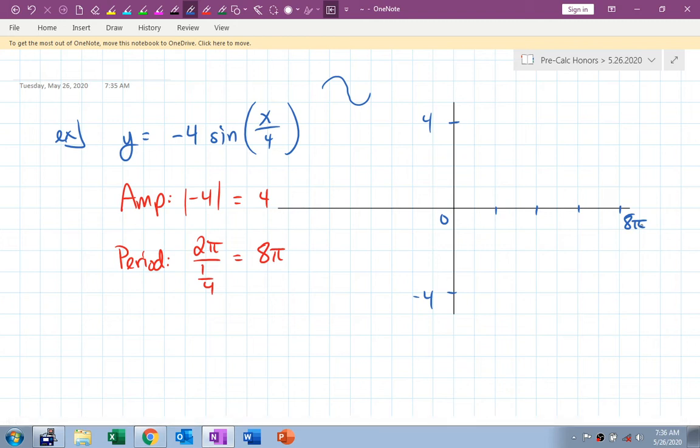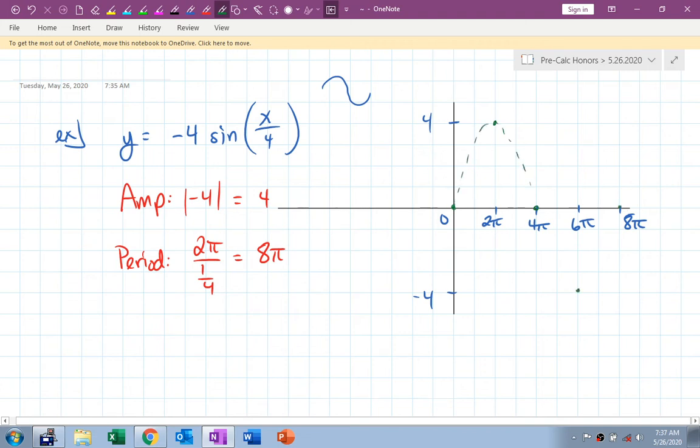Halfway between 0 pi and 8 pi is 4 pi. And then halfway between 4 pi and 0 is 2 pi. And this other one's going to be 6 pi. So originally what we would have, I'm going to put in green, we would have the points going up like this. And this would be what we would have.